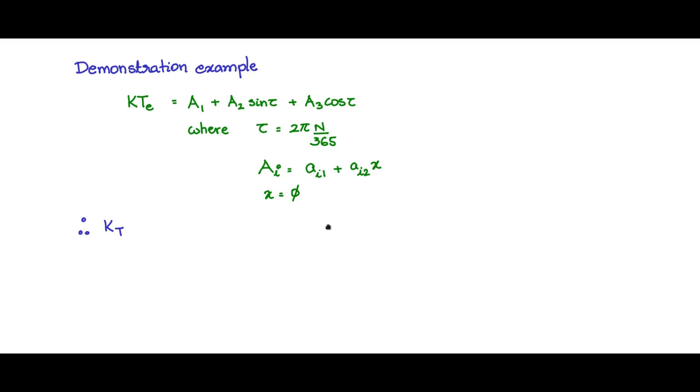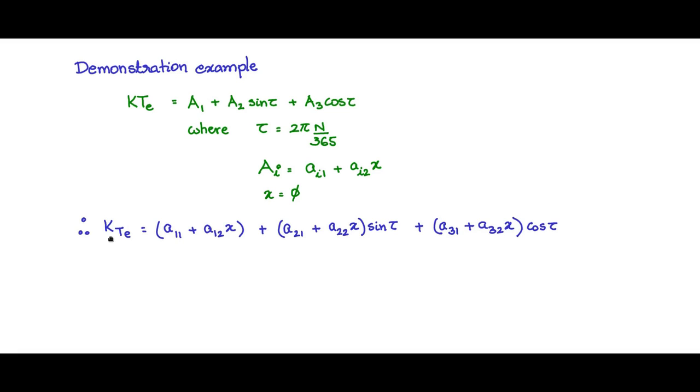So therefore now KTE can be written using these formats for these coefficients. You will get a11 plus a12x plus a21 plus a22x into sine tau plus a31 plus a32x into cos tau.